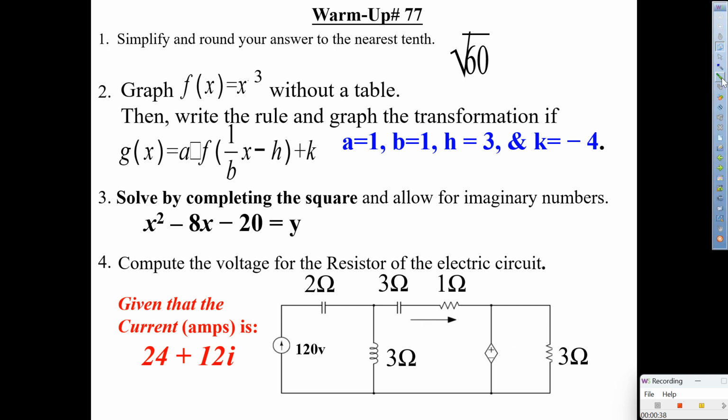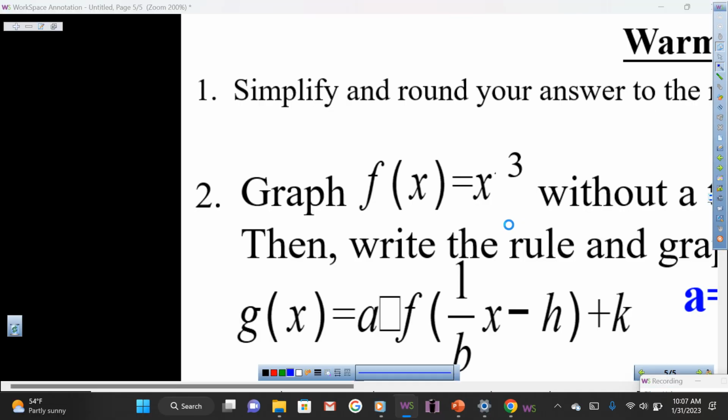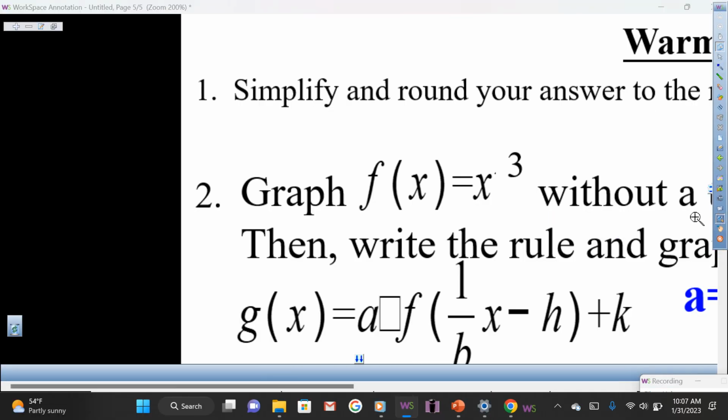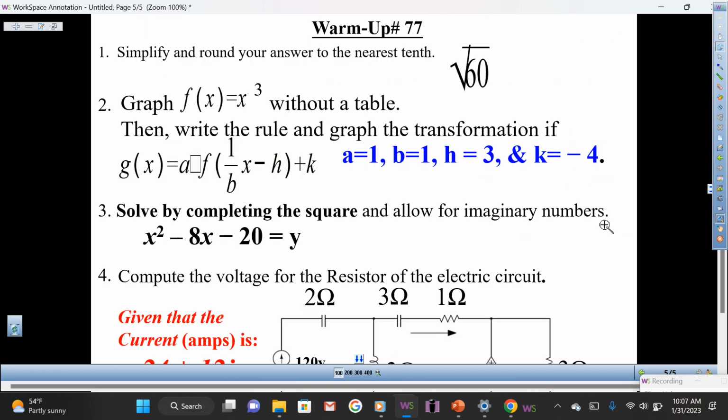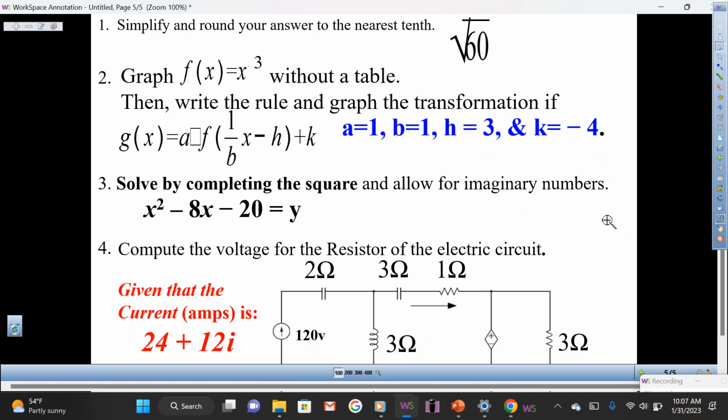Check with an AC what they got for the warm-up so I can call on someone. It's going to go pretty fast. I'm just going to ask for answers and such. All right, number one. What'd you get for number one? William.